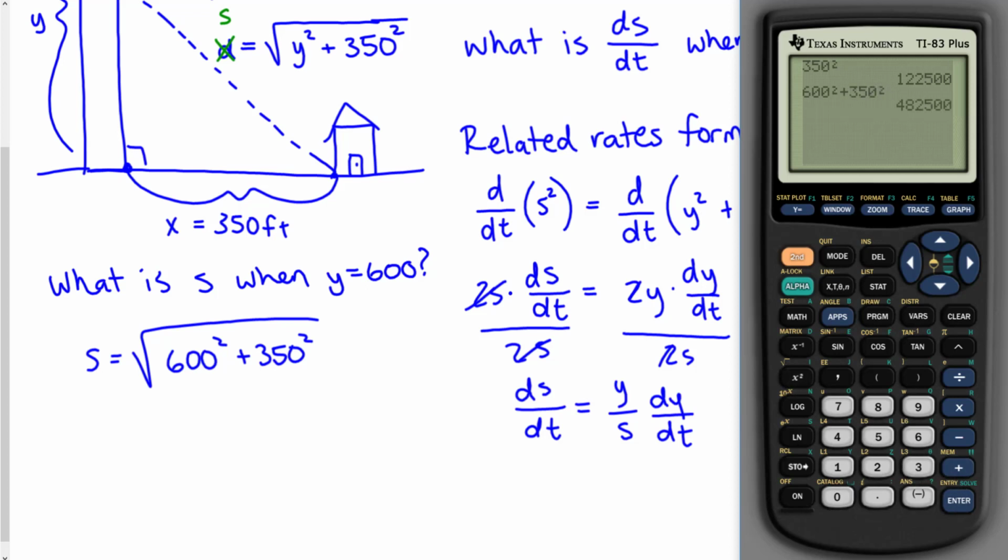If I take the square root, I'm going to approximate it to 695. So we'll say this is about 695 feet. So when the beanstalk is 600 feet tall, Jack is about 695 feet from his house.